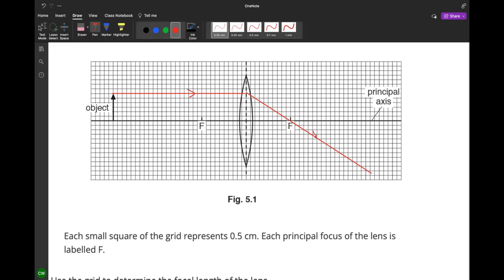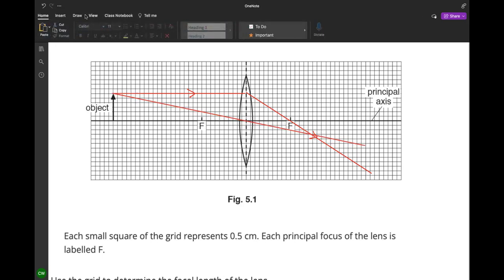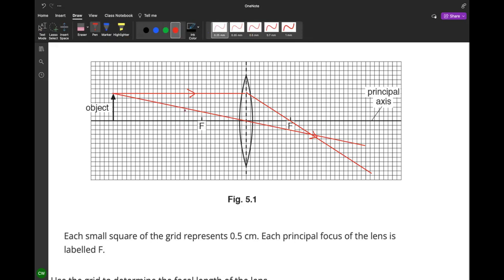Draw an arrow. Another one is you have to draw from the tip again to this point, the optical center, until they meet at a point.